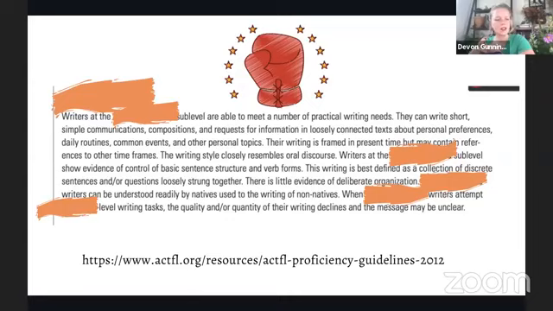And it's defined as a collection of discrete sentences loosely strung together, as in individually they're all there, but it's not really cohesive. Not a ton of organization, and can be understood by native speakers as long as they're a sympathetic reader or listener. Are you ready to find out?